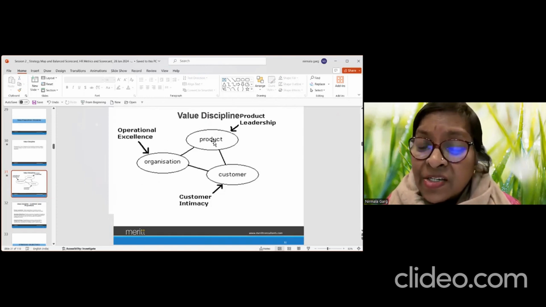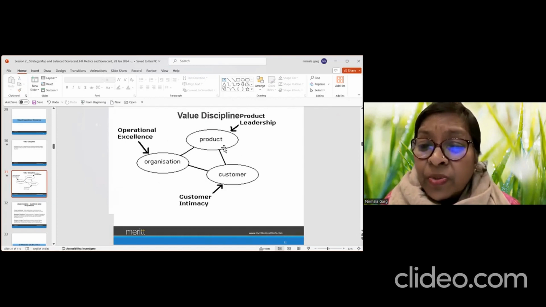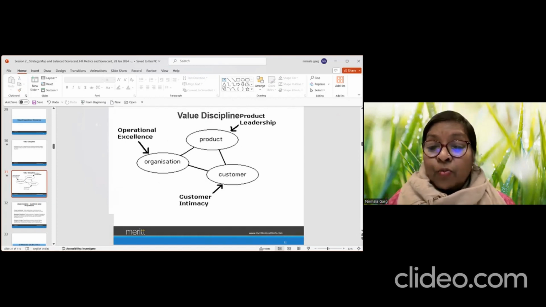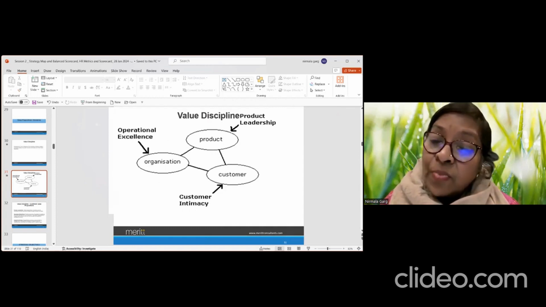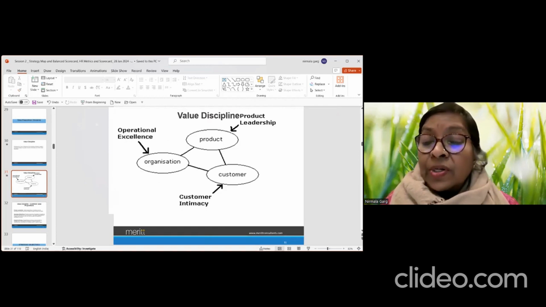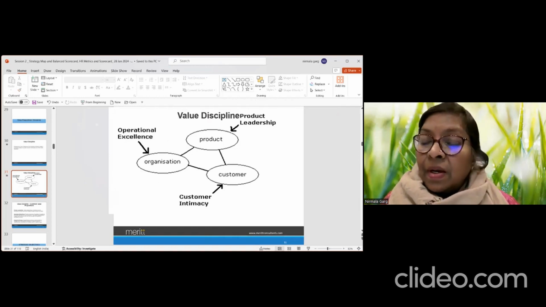But whereas in product leadership, I cannot have average people trying to be innovative and creative and coming up with new products. So when you're looking at product leadership, you have to pay high salaries, because you cannot get good talent if you pay only what? If you pay peanuts, right?